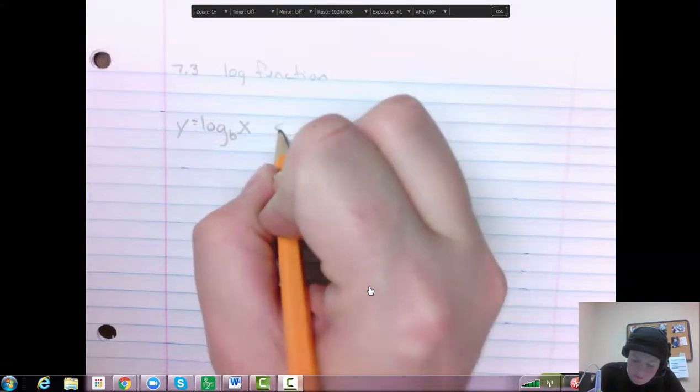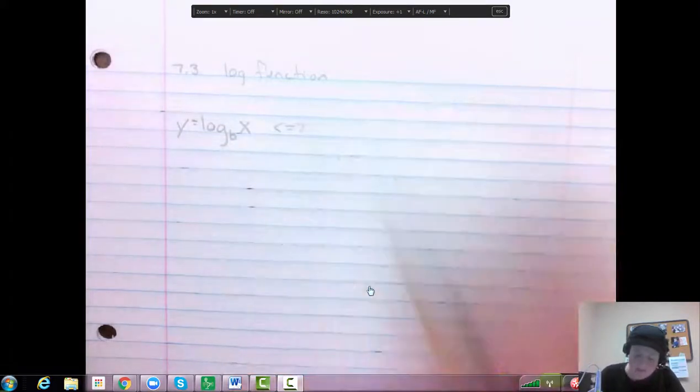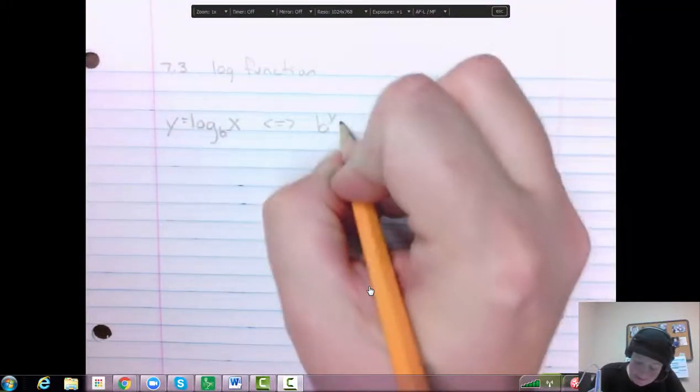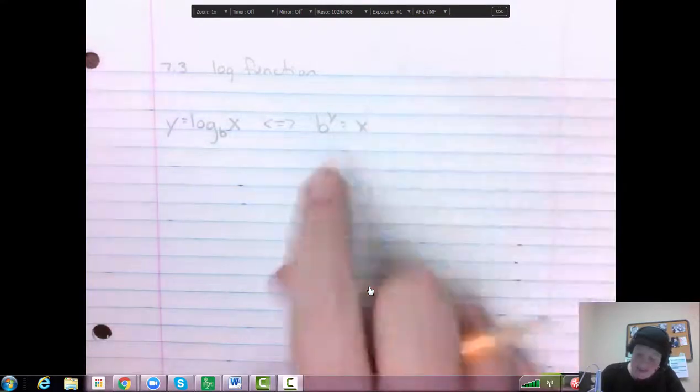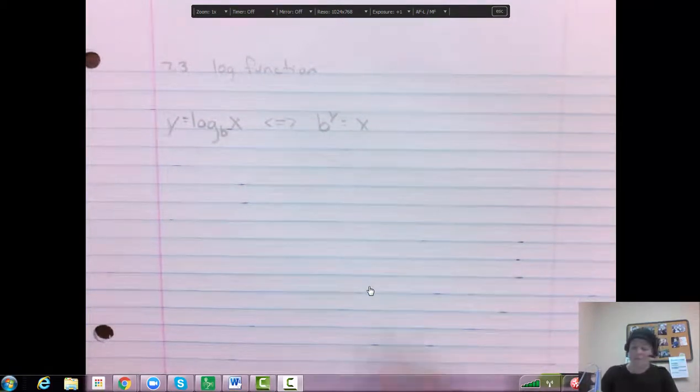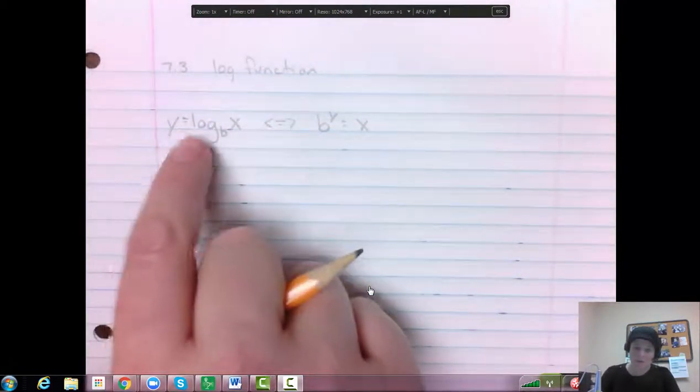We can convert this. It's an if and only if, so we can go back and forth. We can say the base to the y power equals x. This is exponent or exponential form, hence the reason we do logs with exponents, they go together. So exponent form, log form.